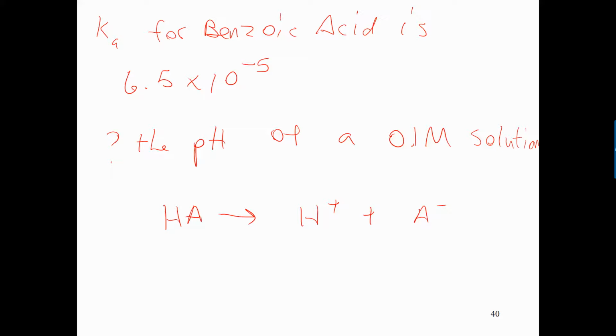What are my initial concentrations? 0.1 here, and 0 and 0 for H plus and A minus, and then you set up an ICE table. So you just use 0.1 minus x, and x squared over 0.1 equals 6.5 times 10 to the negative 5. Solve for x. Tell me what H plus is, and then tell me what the pH is.